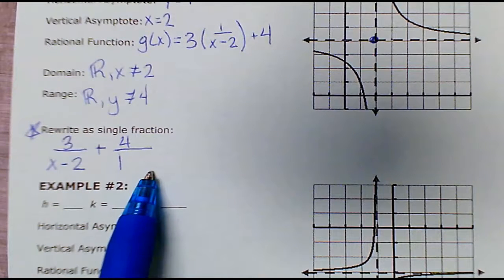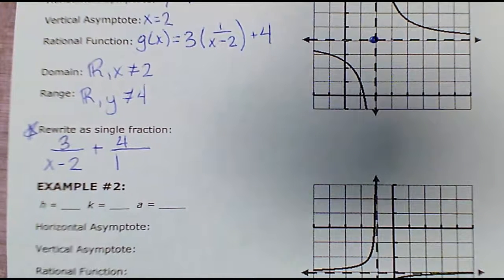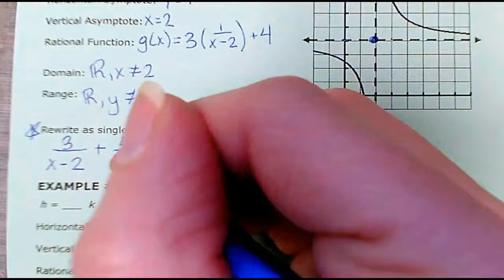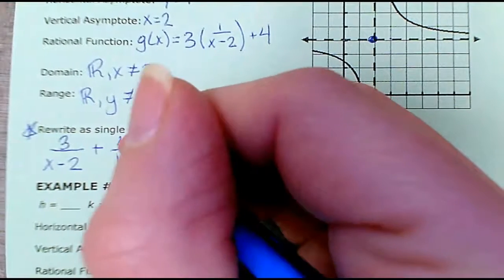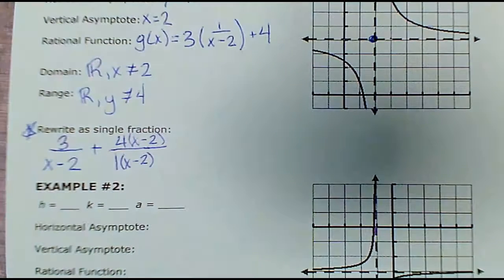An LCD, that's right. And the least common denominator for 1 and x minus 2 is what? x minus 2. 1 times x minus 2. So if I want an x minus 2 down here, you're right, I also have to put it on top. This is from the beginning of Unit 6.